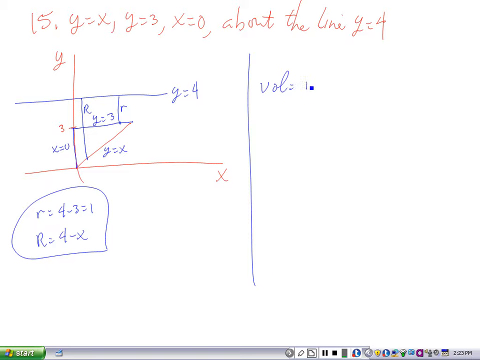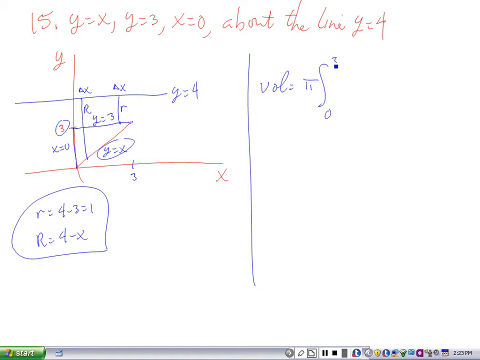So the volume is pi times the integral from, do you see where you're integrating that from? We're integrating from 0 to 3. This is in terms of x, the thickness of the radius is with respect to delta x. Well, if y is equal to 3, x is equal to 3 too, because y is equal to x.